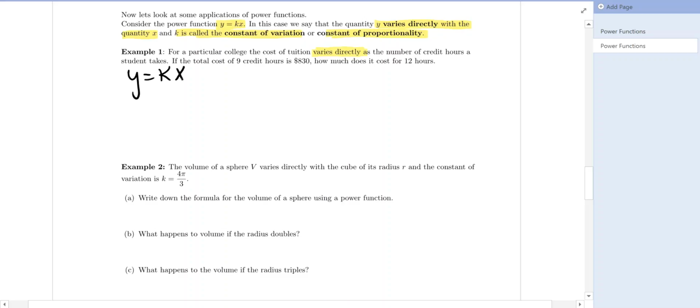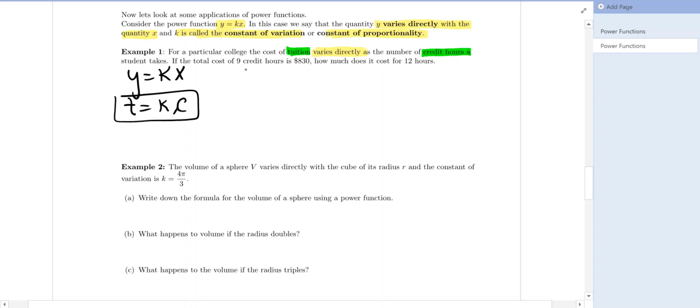But what is y, and what varies directly with what? Well, tuition varies directly with credit hours. So you can write T equals k times C, or you can keep in mind that y is tuition and x is credit.